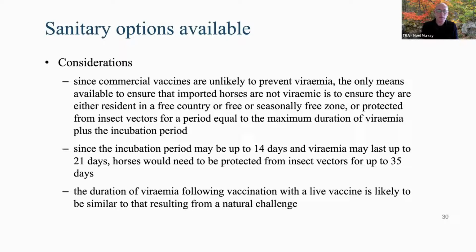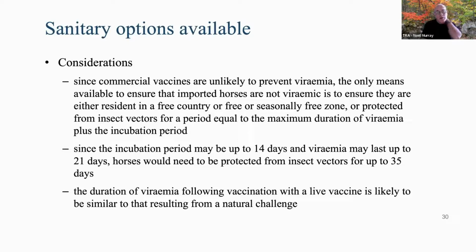So commercial vaccines are unlikely to prevent viremia. The only means available to ensure that the imported horse is not viremic is to ensure they either come from a free country or seasonally free zone, or they're protected from insect vectors for a period equal to the maximum duration of viremia plus the incubation period.